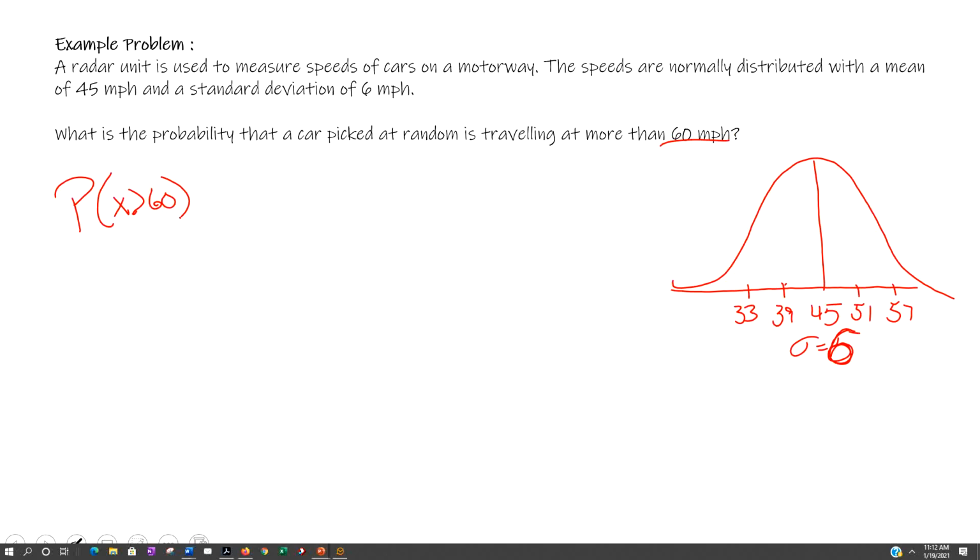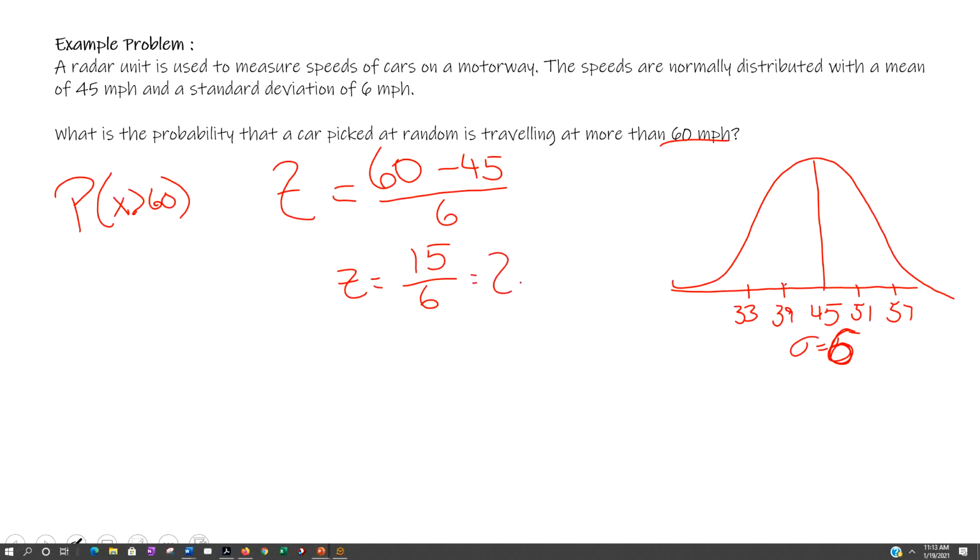So we'll have to do a little bit of extra math as we go through this. But remember, our formula for our z-score is just z equals our observation minus our mean divided by the standard deviation. So we end up with 15 divided by 6 for our z number, which equals 2.33.